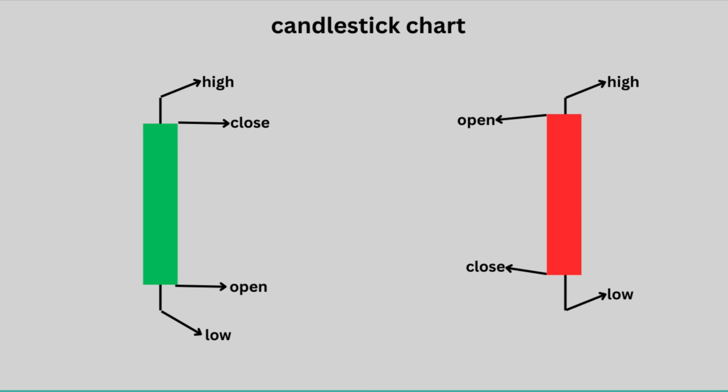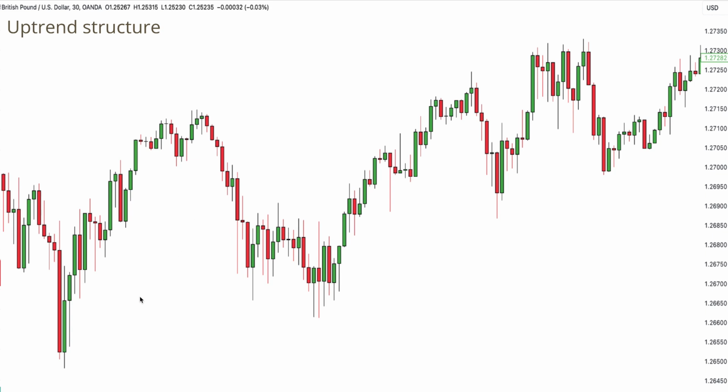Now let's look at uptrend and downtrend market. Starting with uptrend. Uptrend means that price is rising. So here you can see we have the bullish candlestick, more of it. Because the bullish candlestick signifies a rising market, we have an uptrend market.